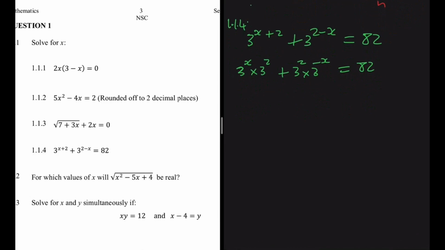So this is the same as 9 multiplied by 3 to the x plus 9 divided by 3 to the power x. Why are we saying divided by 3 to the power x? Because a to the minus 1 is equal to 1 divided by a. So 3 to the minus x will be equal to 1 divided by 3 to the x.